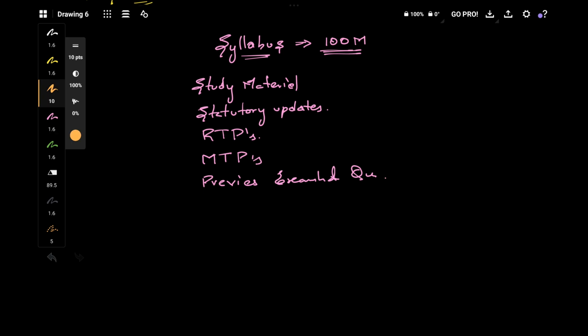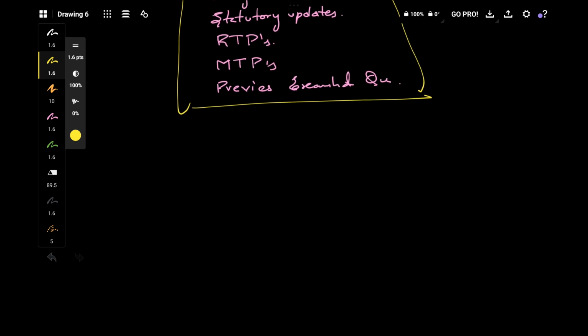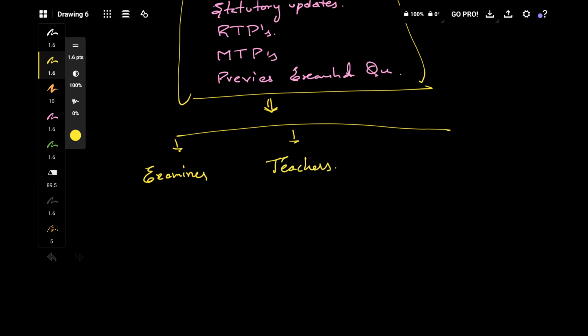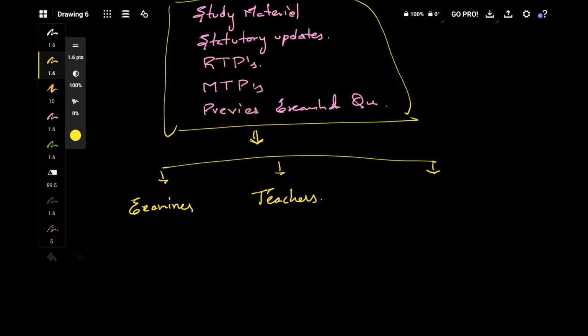So all these things are the source for our subject. The examiner has to consider them to prepare the exam paper. And teachers of different institutions have to consider all these sources, and they prepare their material.